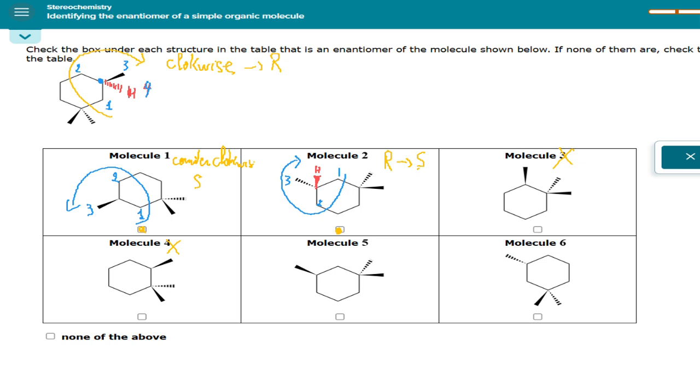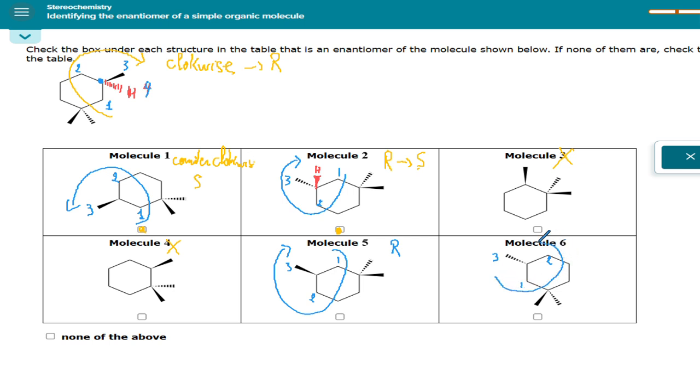And for molecule 5, we have 1, 2, 3, so that's clockwise, so that's R. So this is the exact same as the original one, so it's not an enantiomer. And molecule 6 is 1, 2, 3.